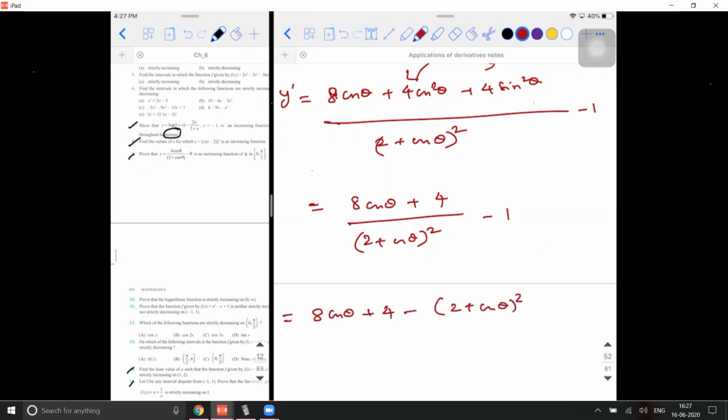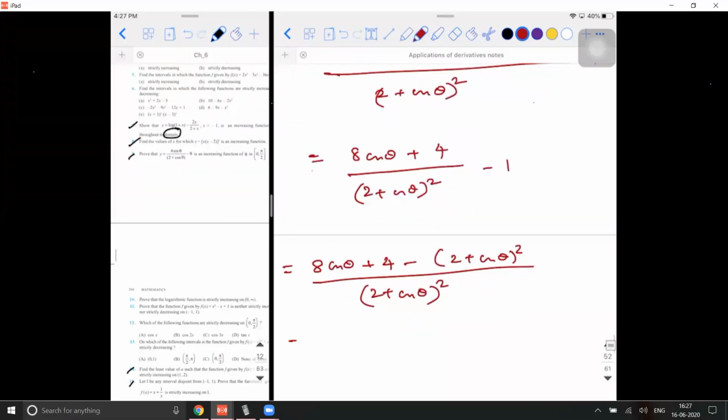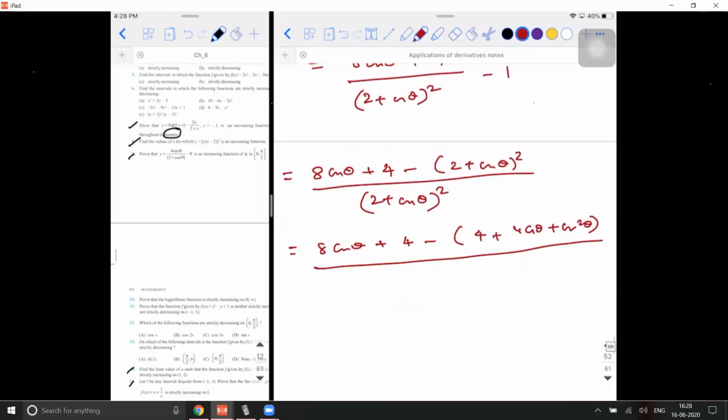So 2 plus cos theta the whole square divided by 2 plus cos theta the whole square. So it is 8 cos theta plus 4 minus of 4 plus 4 cos theta plus cos square theta, correct? The whole divided by 2 plus cos theta the whole square.